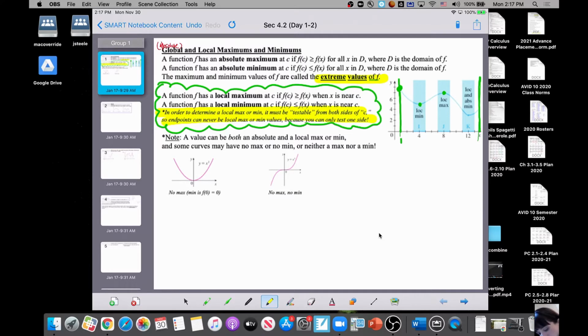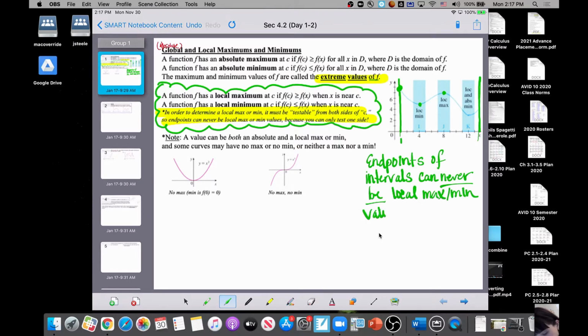I really want to call attention to this: endpoints of intervals can never be local max or min values by definition. They can only be absolute maxes and mins.